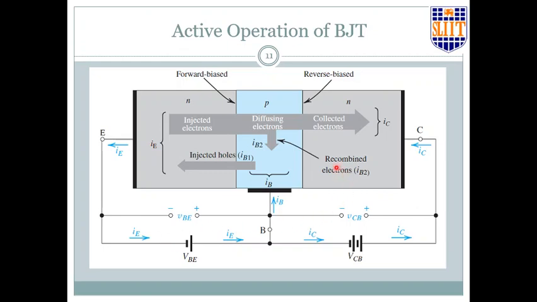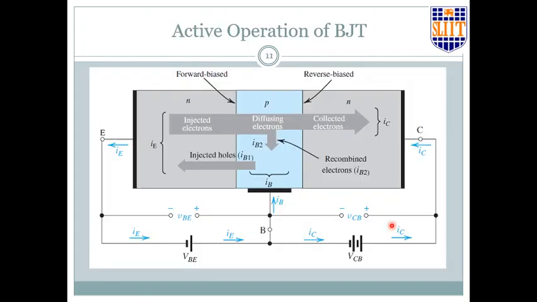Reverse bias is needed for the base-collector PN junction, so the base is connected with the negative and the collector with the positive. As indicated here, the base-emitter voltage is small and the external source supply for the base-collector is large.